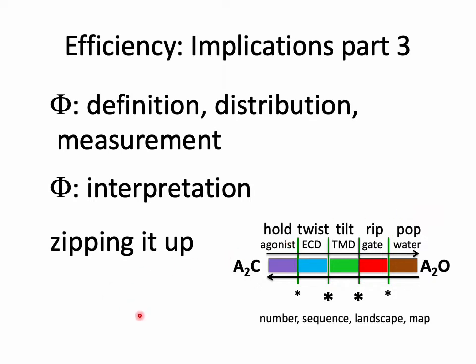Now we're going to try to use this model, which gives the number, sequence, landscape, and map of conformational change, and put it together with what we think we have learned about agonist efficiency, namely that catch and hold are linked by a zipper mechanism, a linear free energy relationship, and we're going to extend that mechanism into the rest of the isomerization.